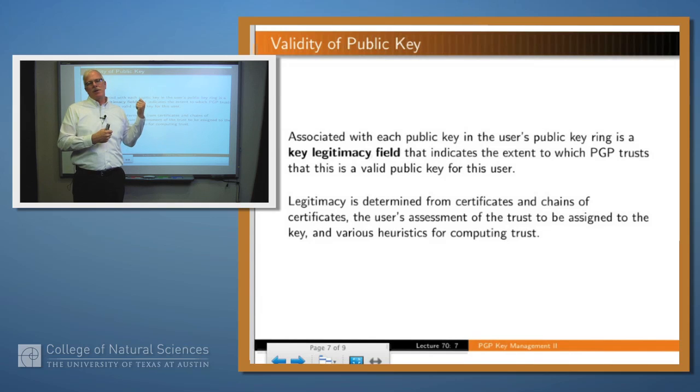If you remember a number of lectures back when we talked about certificates, we said the big problem with certificates is making that binding between a user's identity and a public key. Well, you have the same problem here, and the key legitimacy field may store certificates that allow you to verify or say that someone else has vouched for the authenticity of that binding. And that's an error-prone process, but it's a necessary process in a system like this.